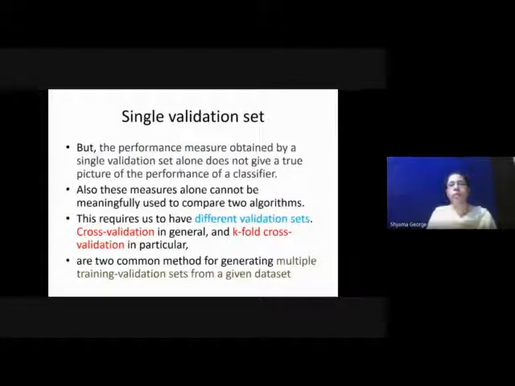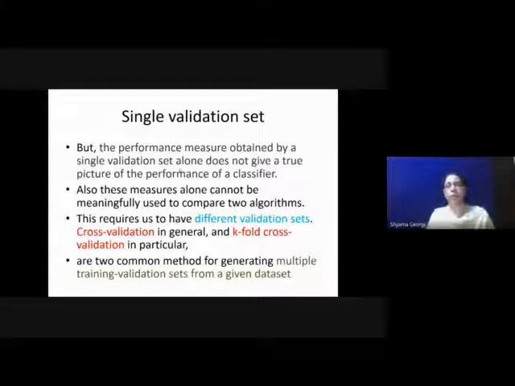So usually we are using only a single validation set. The performance measure obtained by a single validation set alone does not give a true picture of the performance of the classifier. And also these measures alone cannot be meaningfully used to compare two algorithms. So we need different validation sets.